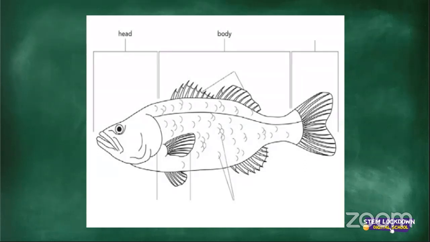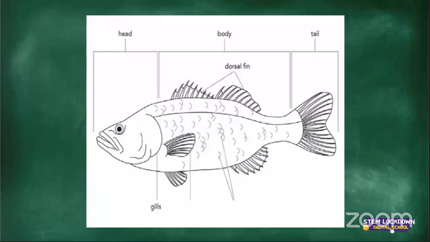Right, this part of the fish is then called the tail. And remember, the tail has a function, a purpose. Okay. These two fins are called the dorsal fins. You might have learned about it on a dolphin as well.